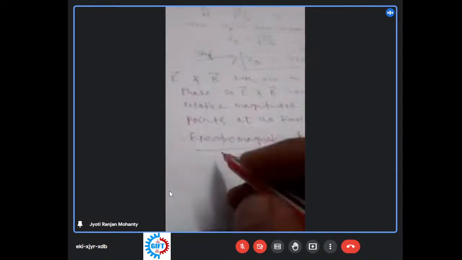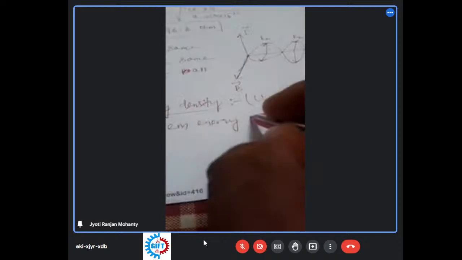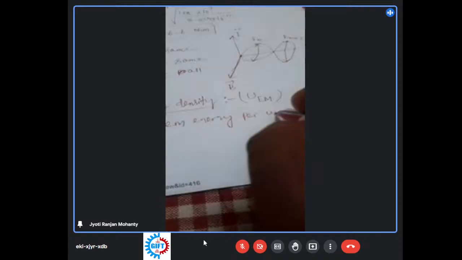Since it is a density, it is defined as electromagnetic energy per unit volume.